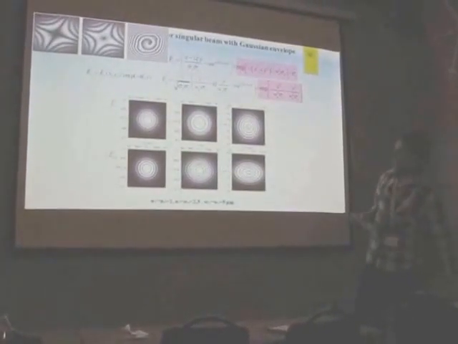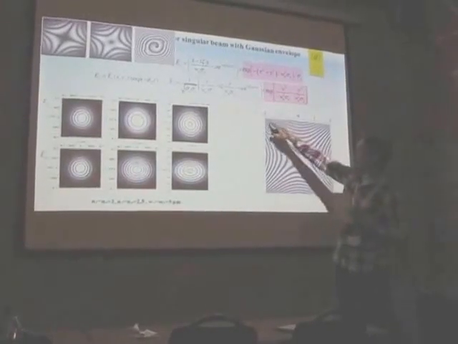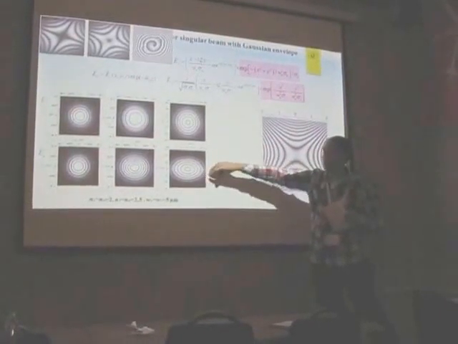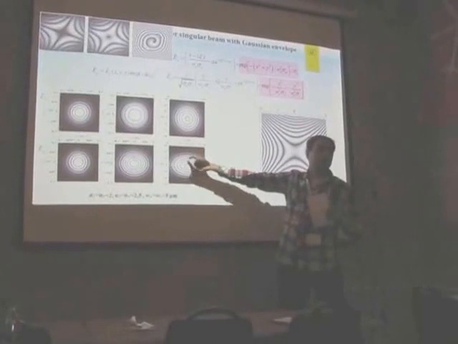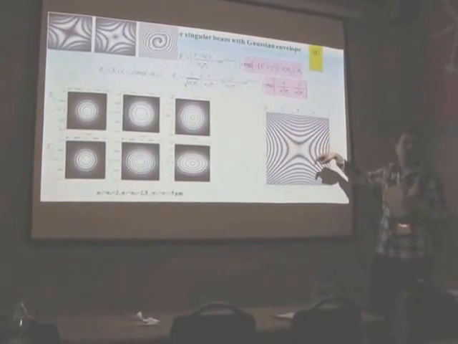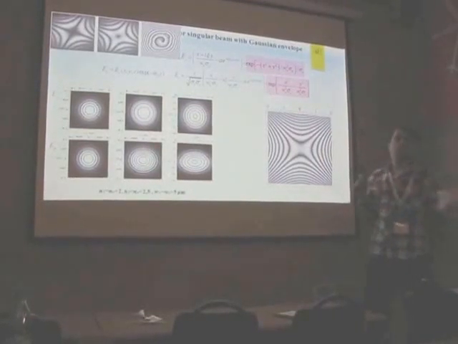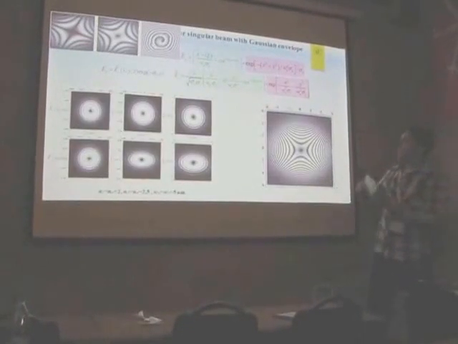But the second part is the interference pattern of these two beams, ordinary and extraordinary, which is elliptically deformed. So we can get this conoscopic pattern in the circular polarization state, left or right.